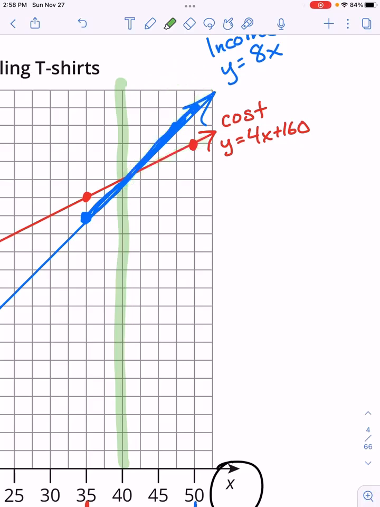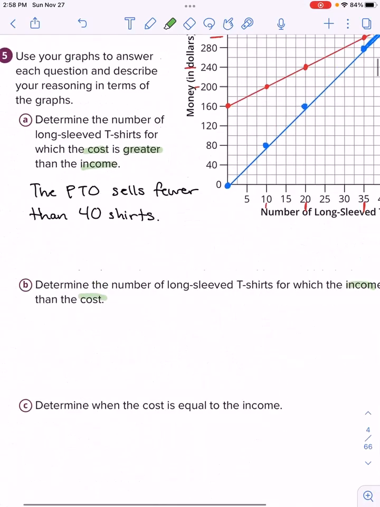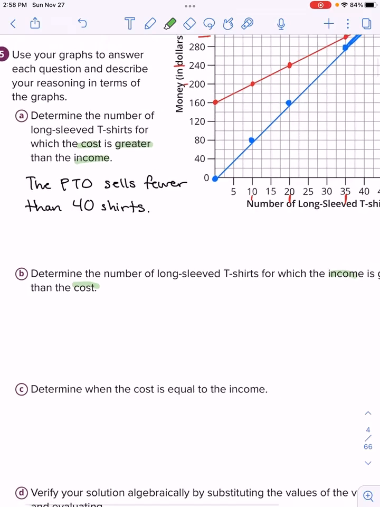So for B, we're just going to say, when the PTO sells more than 40 shirts.